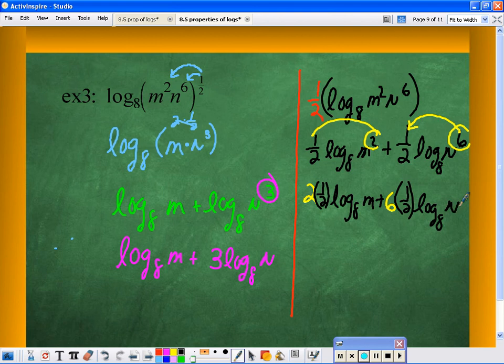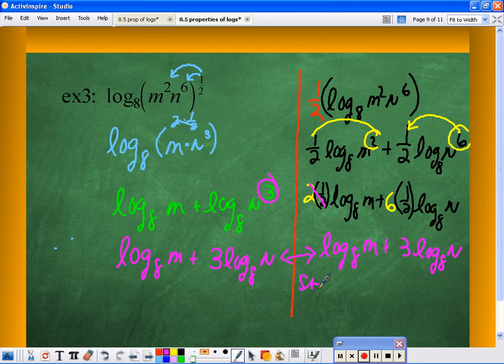What is 2 times 1/2? You end up getting that 1, which drops out of the problem right there, and the m is here. And what is 6 times 1/2? 3.